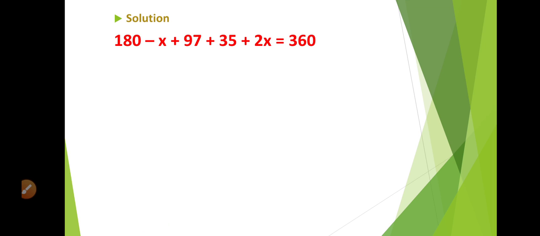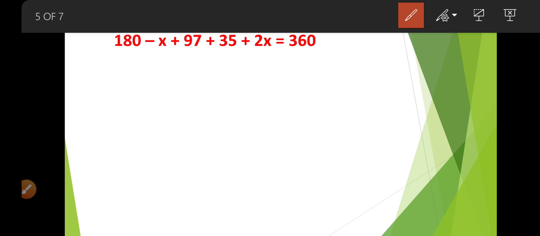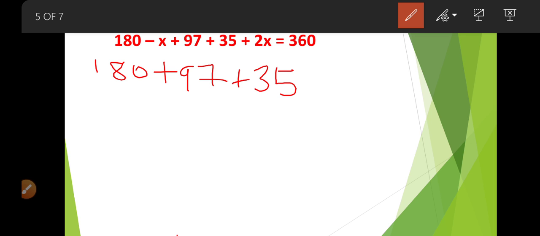So now some of us already have the idea of how to solve this, but let me guide you in solving this. We have 180 plus 97 plus 35 plus 2x minus x, and everything is equal to 360.